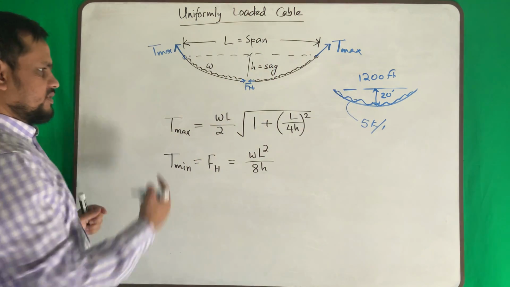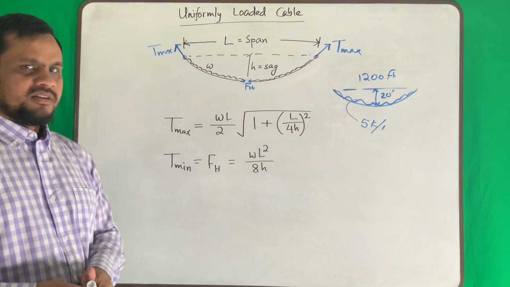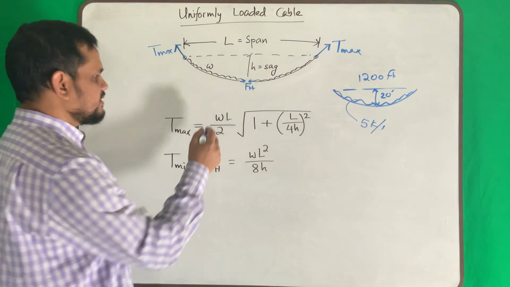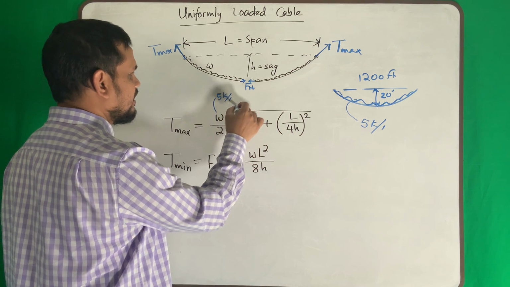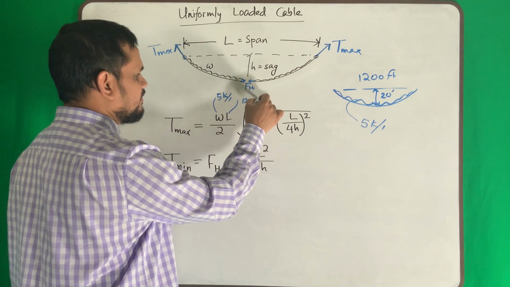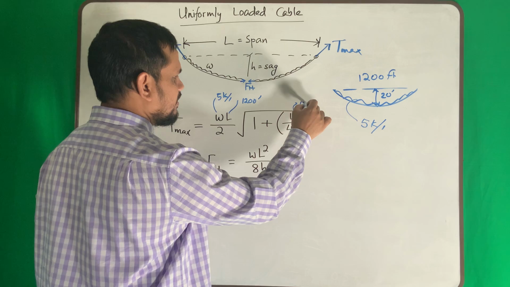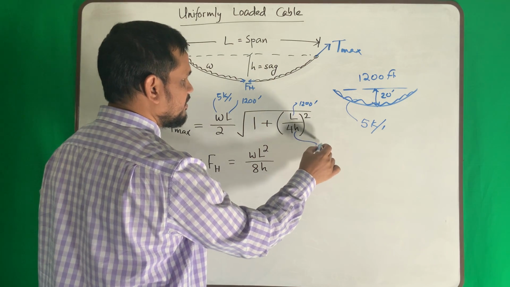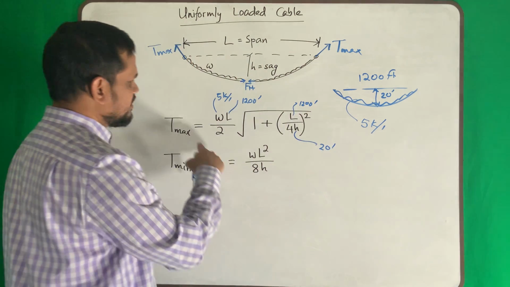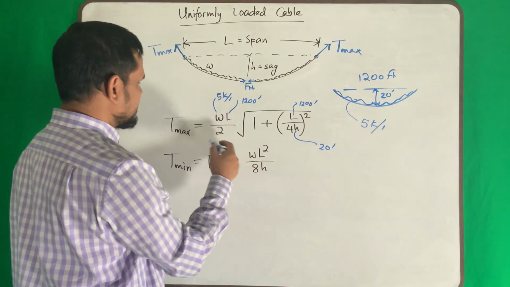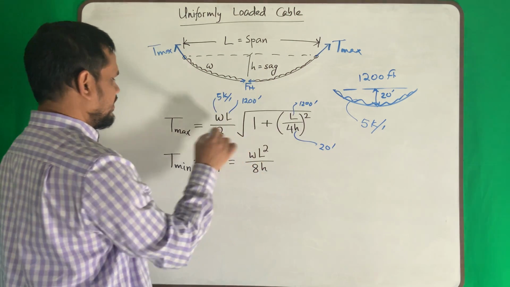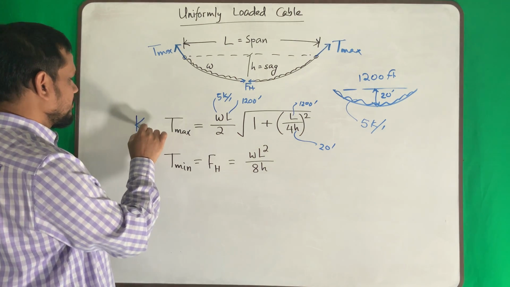What is T max? What is T min? Simple. W will be 5 kip per feet, L will be 1200 feet, H will be 20 feet. Everything is in kip per feet and feet, so your answer will be in kip.